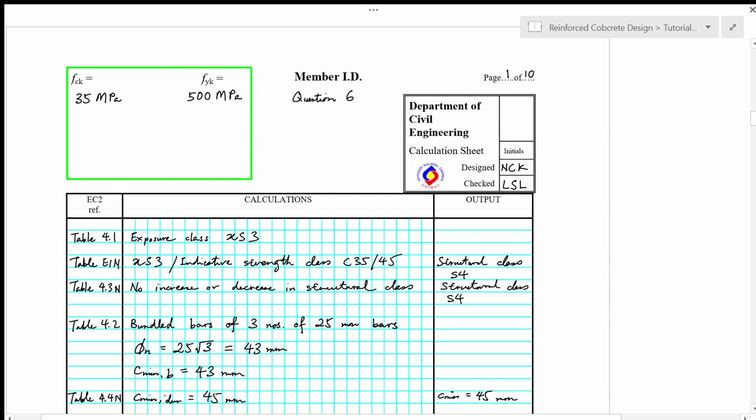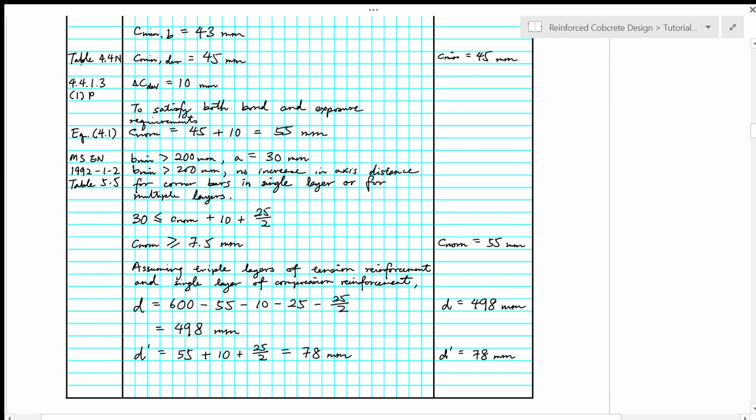And then from clause 4.4.1.3(1)P, delta C deviation is 10 mm because we did not specify any quality control on the construction process. So in order to satisfy both bond and exposure requirements, we have Cnominal as Cmin plus delta C deviation. So we have 55 mm.